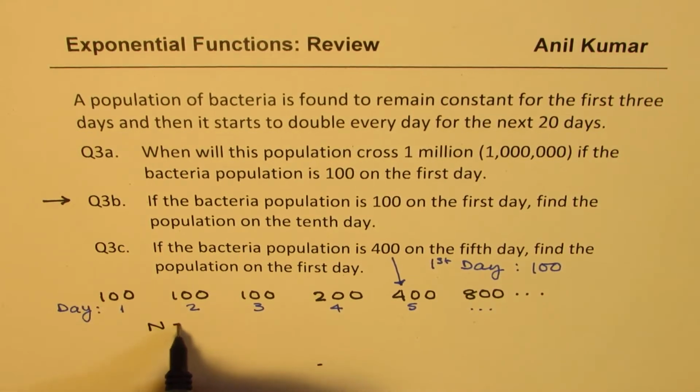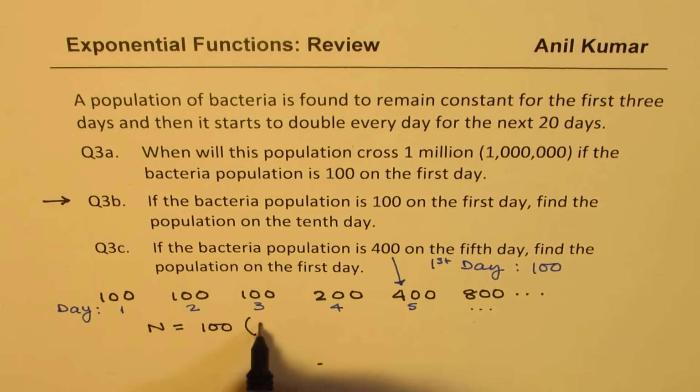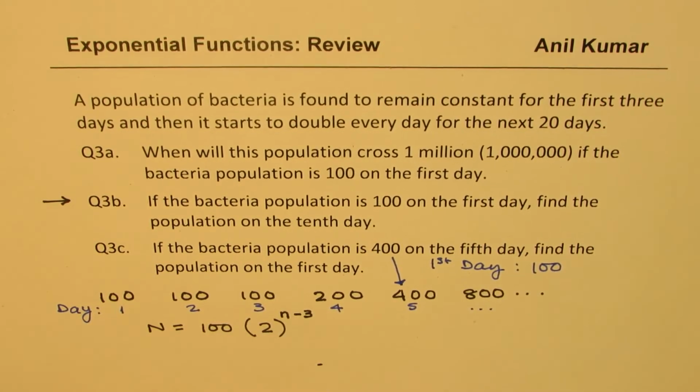So the number of bacteria could be written as 100, the initial amount, times 2 to the power of n minus 3. So on the 4th day it becomes 2 times. Does it make sense to you? Since it did not double for the first 3 days, we have to take away 3.